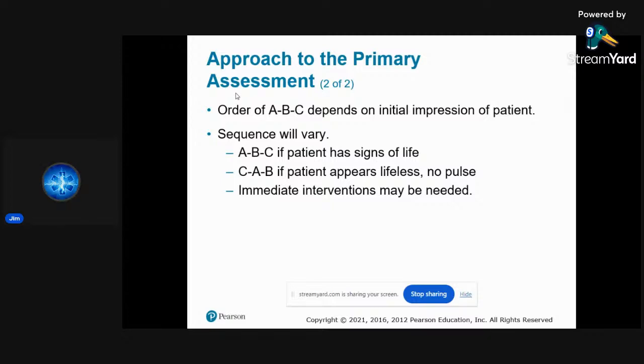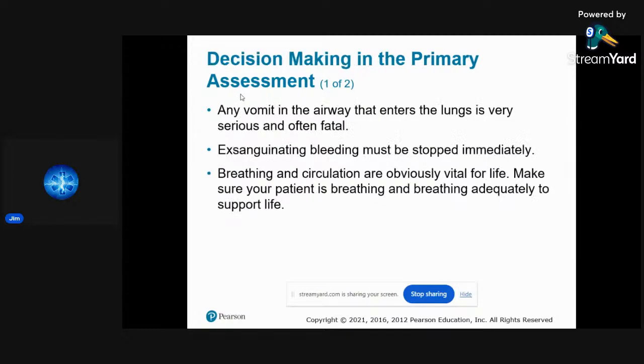Immediate interventions may be needed, for example, life threatening bleeds, right? Any vomit in the airway that enters the lungs is very serious and often fatal. It causes an aspiration and later on an aspiration pneumonia, and it can be very, very fatal. So if we have anything in our airway, we're going to have to suction it.